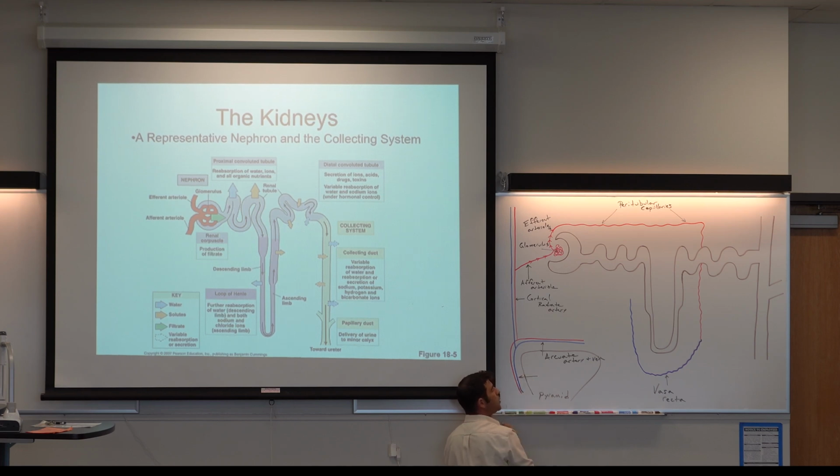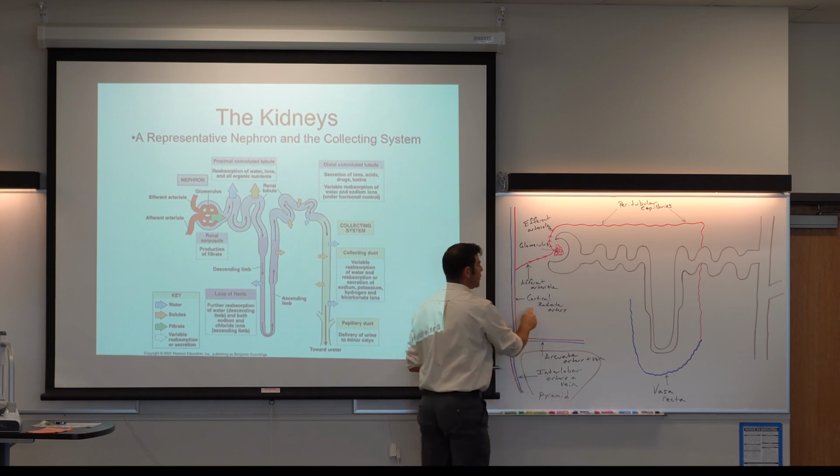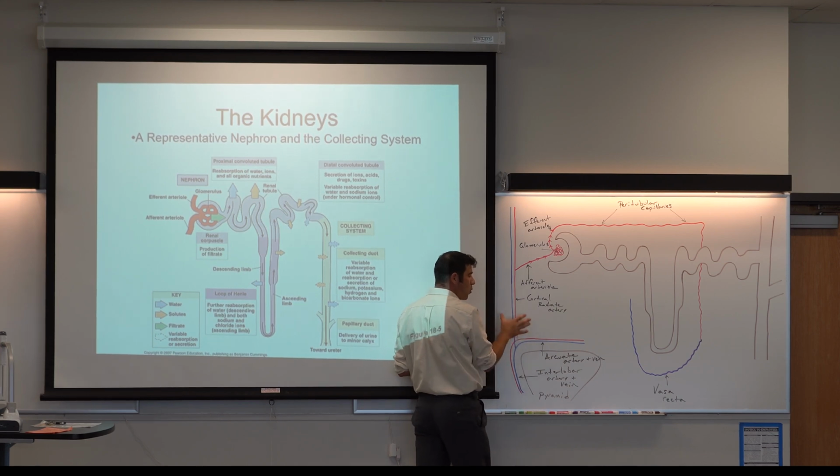We call those interlobar arteries and veins. The term interlobar artery and vein sounds an awful lot like interlobular. So instead of using the term interlobular to describe cortical radiate arteries and veins, I use the cortical radiate term because it's a lot different sounding than interlobar artery and vein.